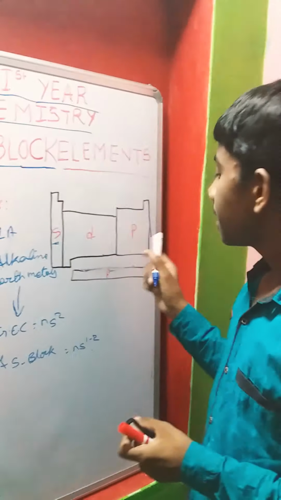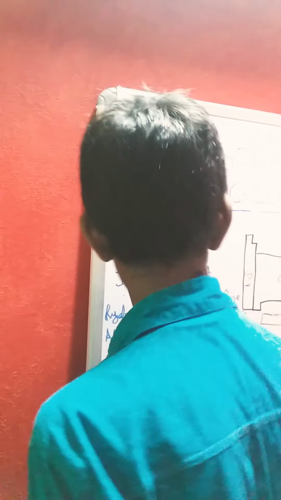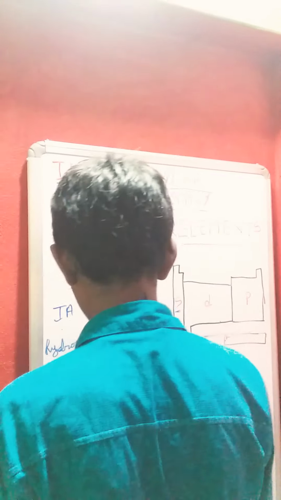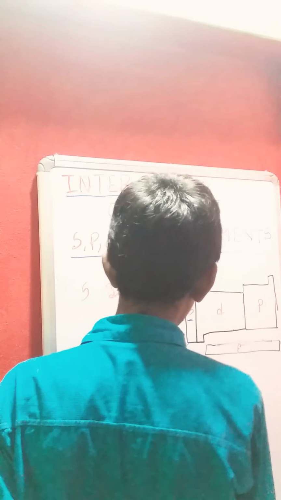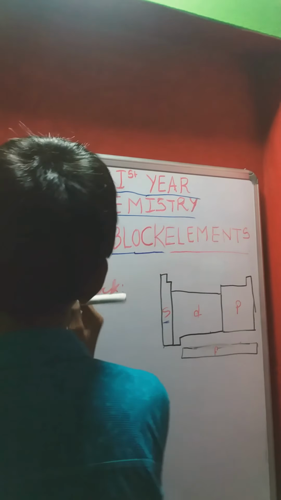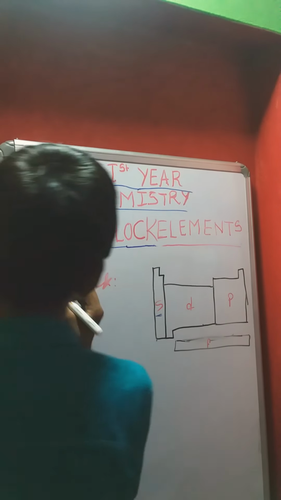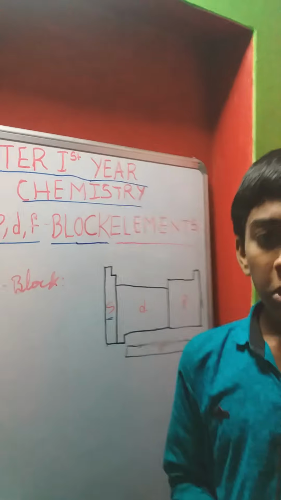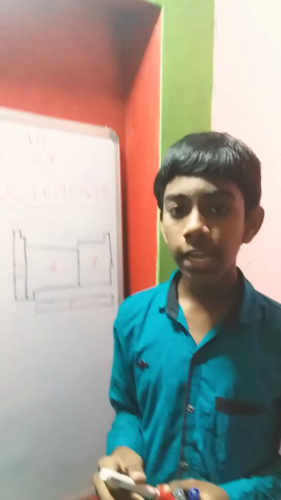Second one, P block elements. The elements in which the differentiating electron enters into the outermost P sublevel are called P block elements.